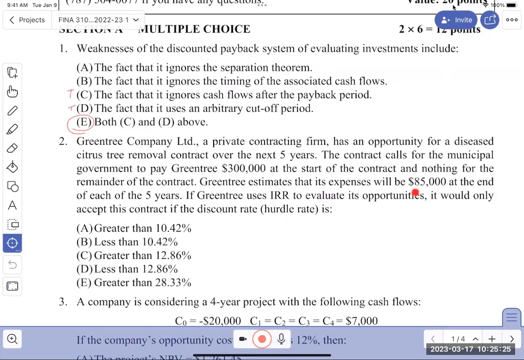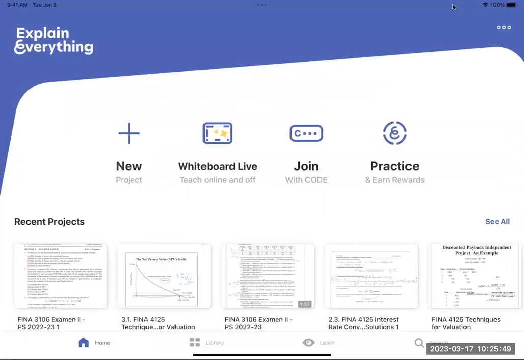In the disbursement of the funds will be $85,000 every period. Those will be their expenses to operate, right? So it's $300,000 that they're getting. Isn't this the opposite? Because they're receiving money up front. It's not that they're investing. It's opposite. So let's go back to the notes to see how we deal with that.